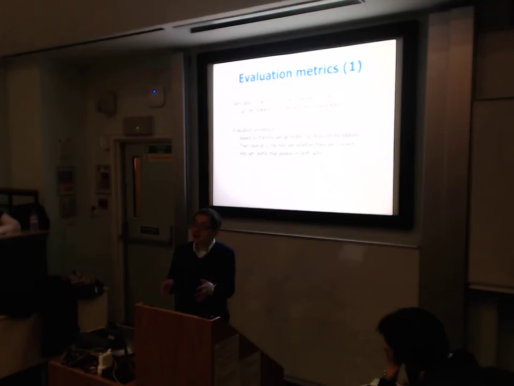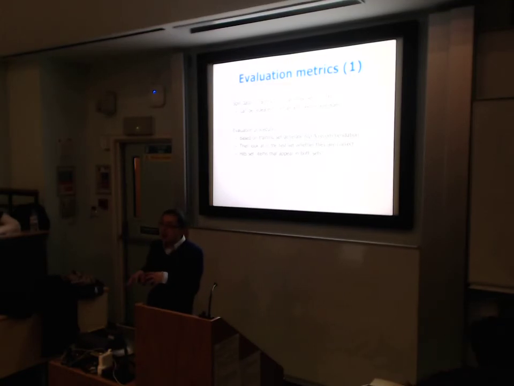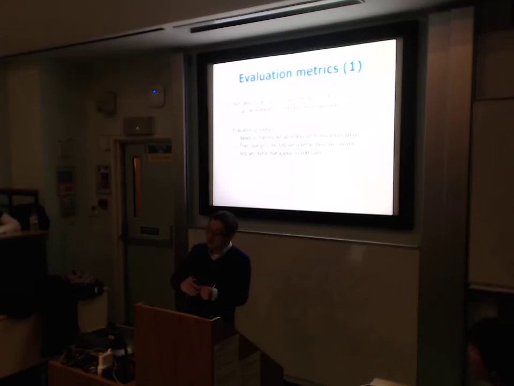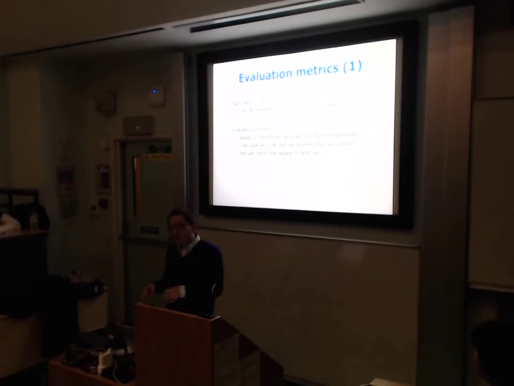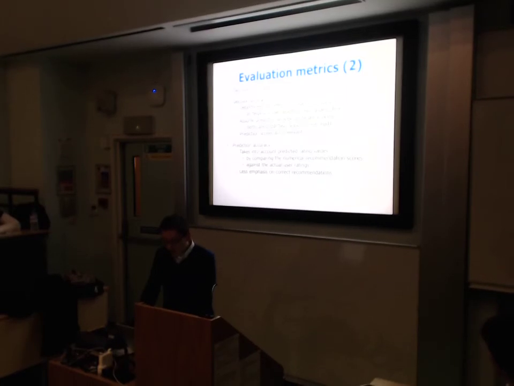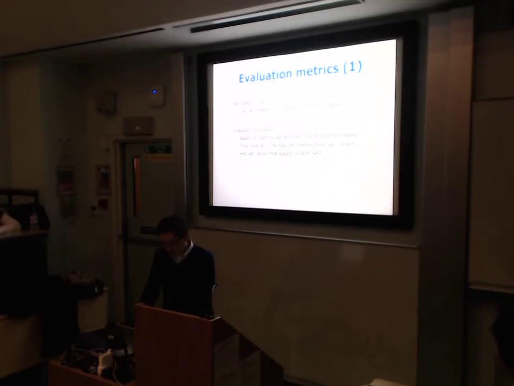Because in the test set you basically hold out the highest ratings the user gave, you can look at whether the top N indeed picks up the top items in the test set, and see how accurate it is. There's a measure called hit rate. It's basically a measure of how many of these hidden held-out items are in fact predicted and put in the recommendation list.